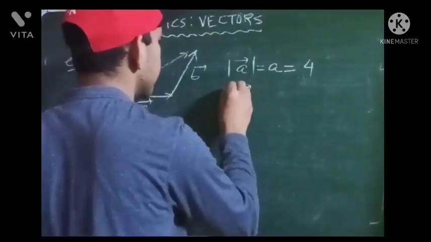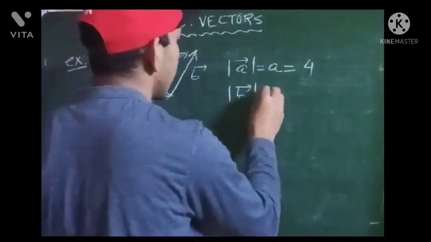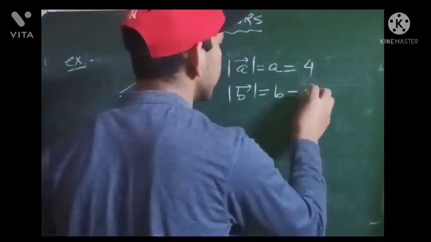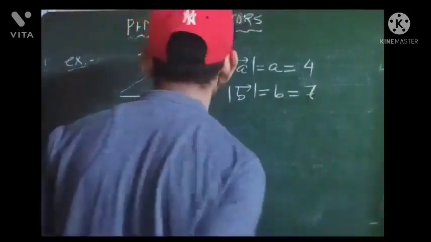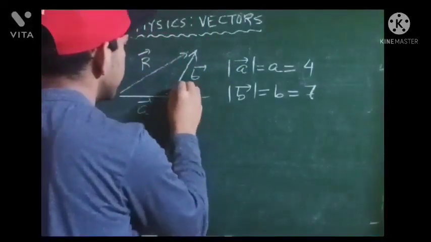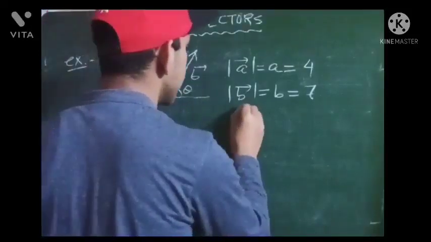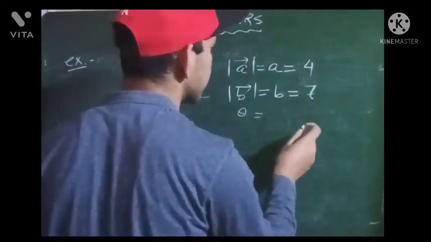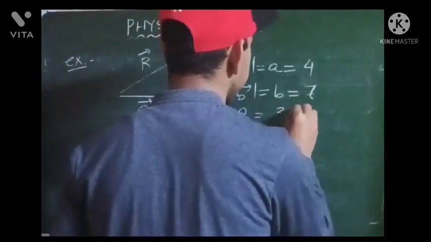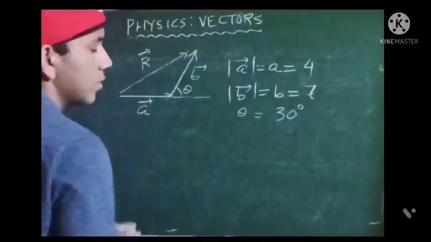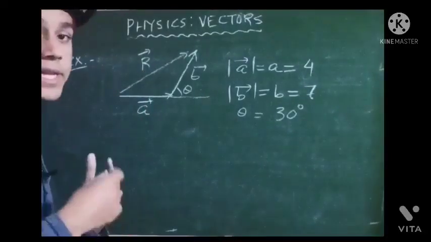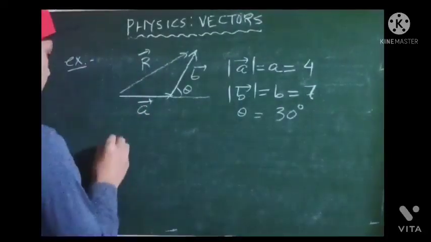The magnitude of b vector, which can also be written as small b, is equal to 7, and the angle between these two vectors, which is this angle theta, is equal to 30 degree. Then we have to find the resultant of these two vectors. That means we have to find the magnitude of the resultant r vector.